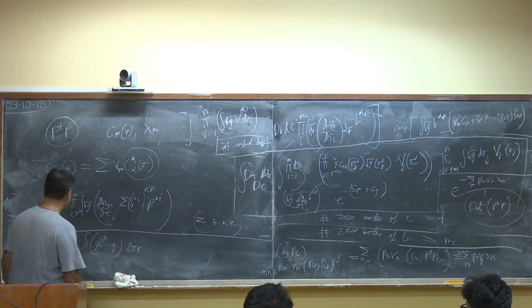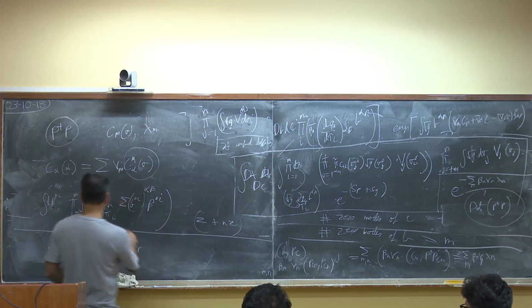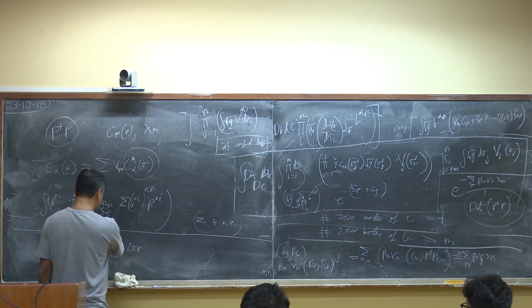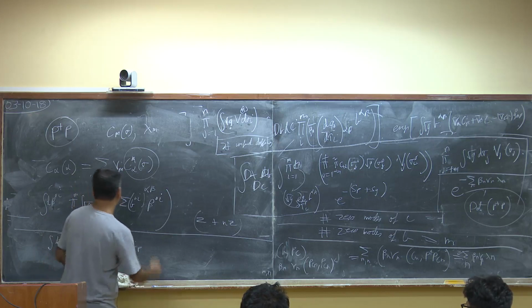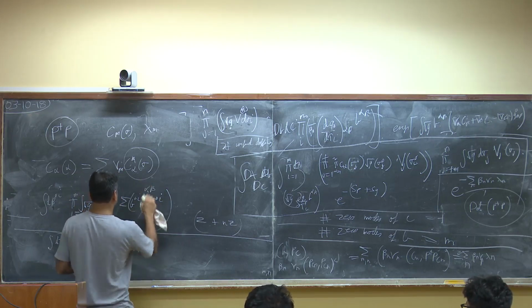But you still have more indices in this equation. Del g, del tau I, and for every one of these there was an insertion of beta.